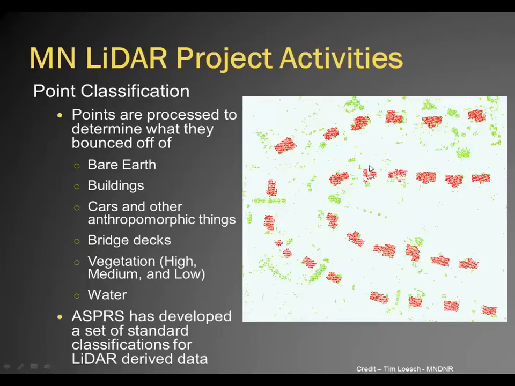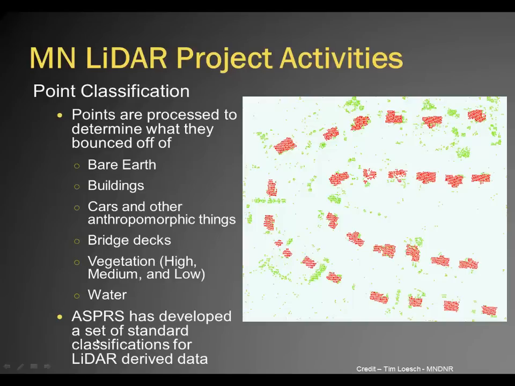Now, how the points are classified. The pulse comes out of the airplane, bounces back, and we calculate that location, and we're able to classify that into bare Earth based on how it's returned and the intensity of the return, and into building or car or bridge, various different objects. It's basically bare Earth and building and then vegetation and water.